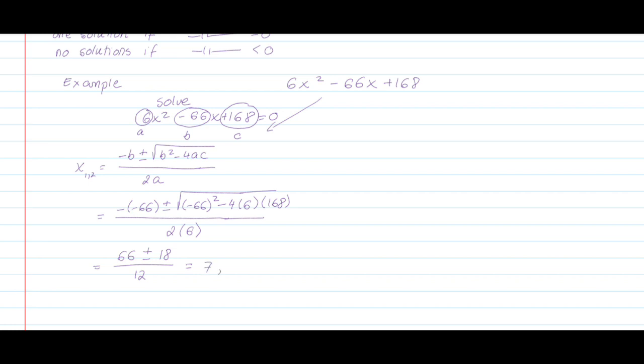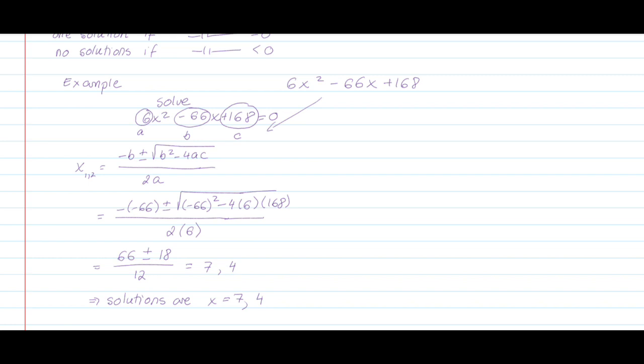And I have 66 minus 18, and then divided by 12, which is 4. So there we go. The solutions are x is equal to 7 and x is equal to 4.